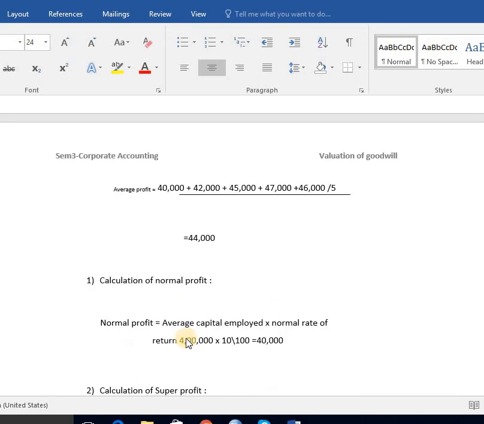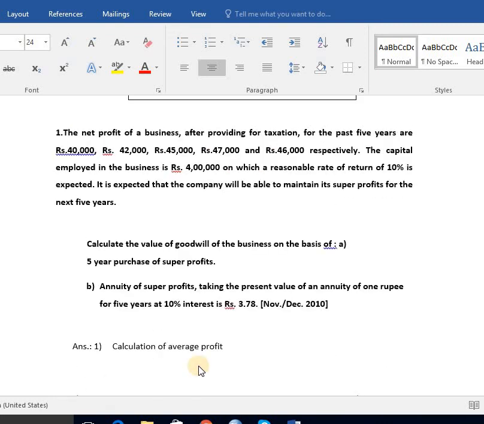Next, we are calculating what? Normal profit. Normal profit is equal to average capital employed into normal rate of return. So, what is the average capital employed? Average capital employed is given in the problem. Please observe, my dear students, the capital employed in the business is rupees 4 lakh, on which a reasonable rate of return of 10% is expected.